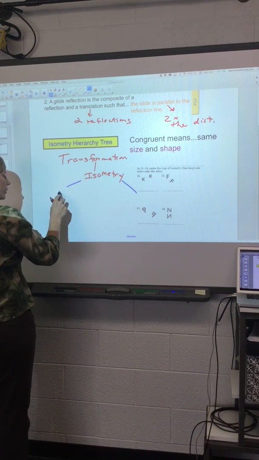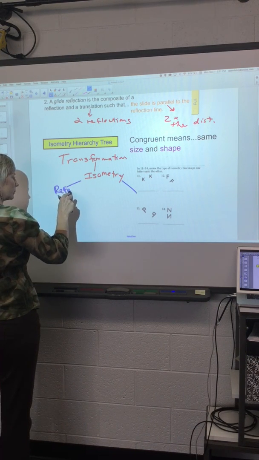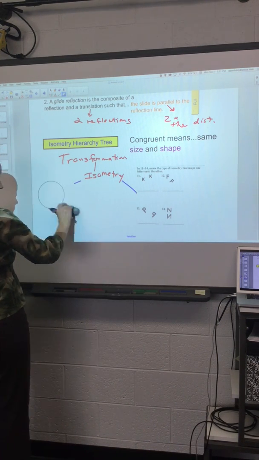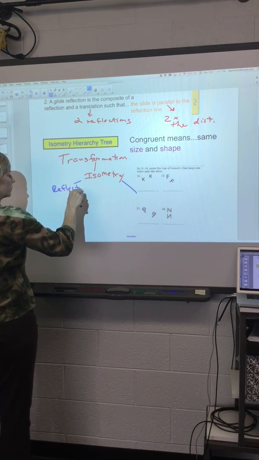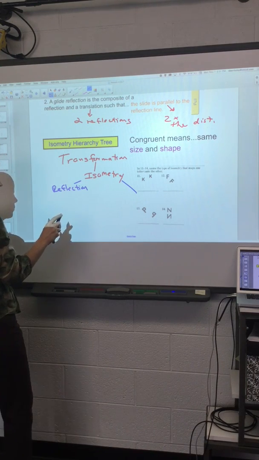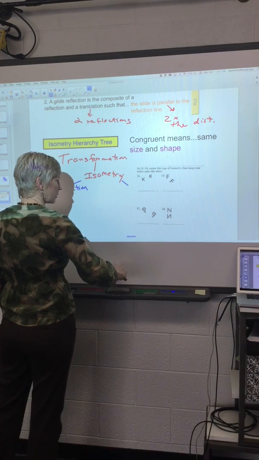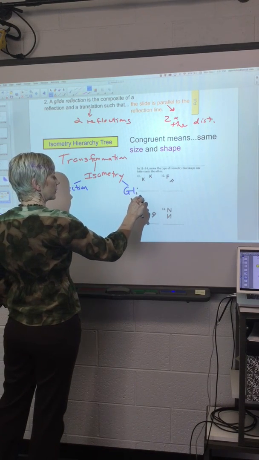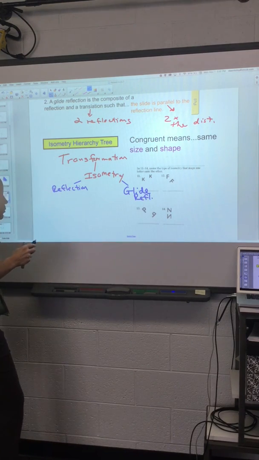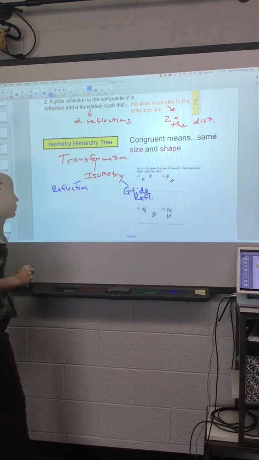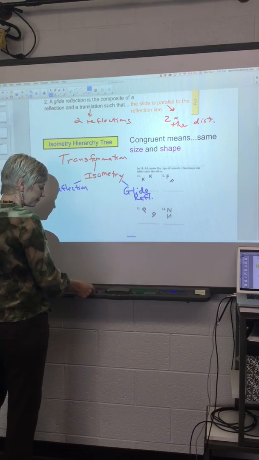One reflection is just called a reflection. So it's just one reflection. And then 3 reflections, which we just learned, is a glide reflection. I do like you to put both of those words together. It helps you remember that it's a reflection plus something else, a slide plus a reflection.